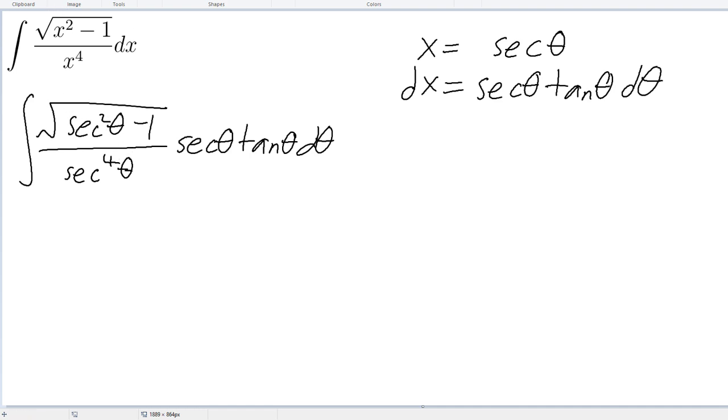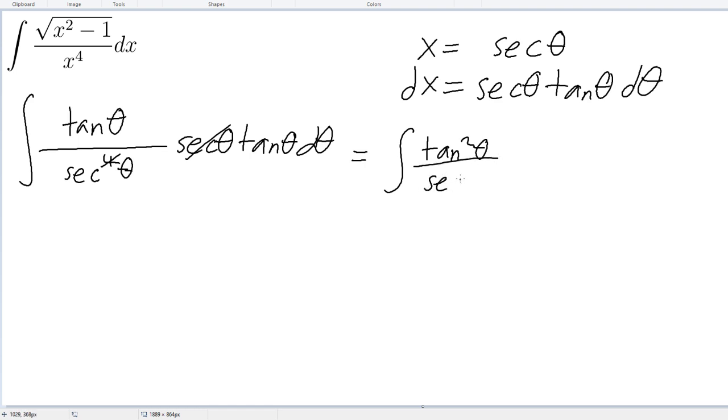So this simplifies to tangent theta because of the trig identity, secant square minus 1 is tangent square, and so that gets rid of the square root. So we have tangent theta here. If we simplify this, we get tangent square. This cancels out, so we get secant cube at the bottom. Okay, this is a 2.